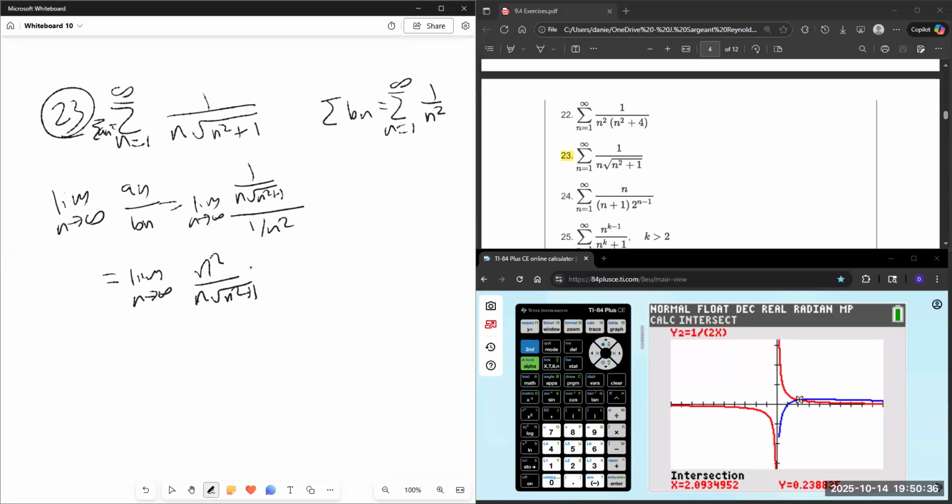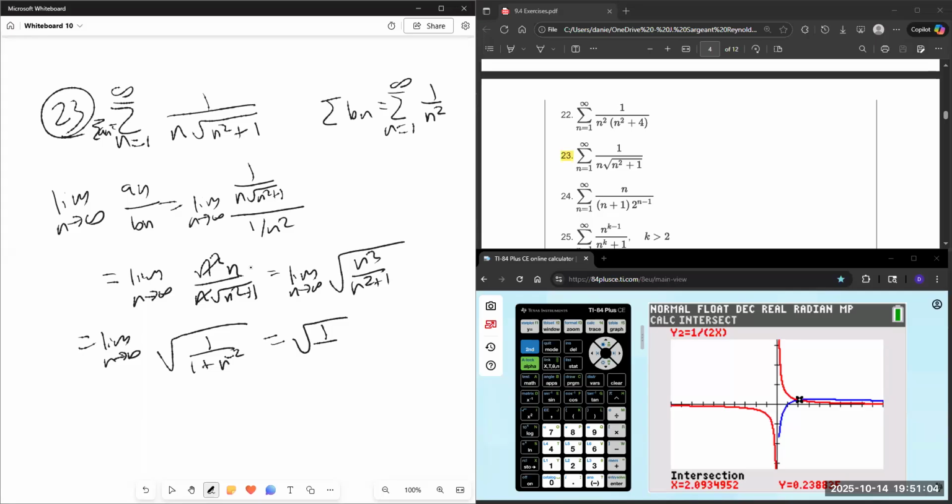And this is n over that. So this is the same thing as the limit as n goes to infinity of root n squared over n squared plus 1, which equals the limit as n goes to infinity of 1 over 1 plus n to the negative second, which will be root 1 over 1, which is equal to root 1, which is a 1.